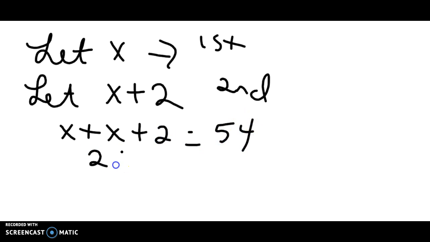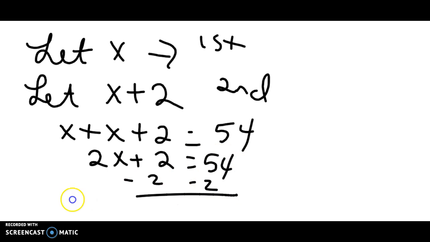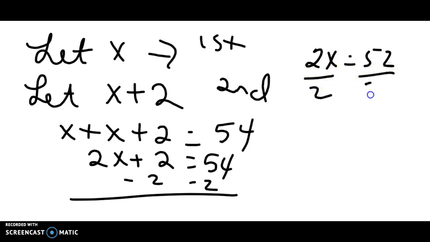So you get 2x plus 2 equals 54. You're going to subtract 2 from both sides. So 2x equals 52. And we're going to divide by 2. And x equals 26. So the first number is 26. When I add 2, I get 28. So your two numbers are 26 and 28.